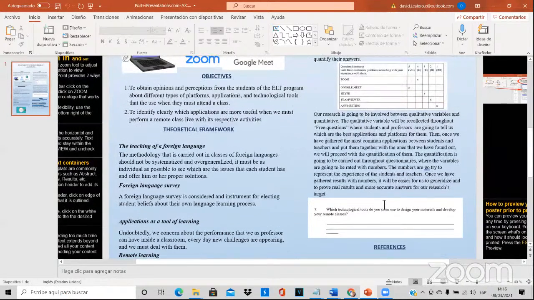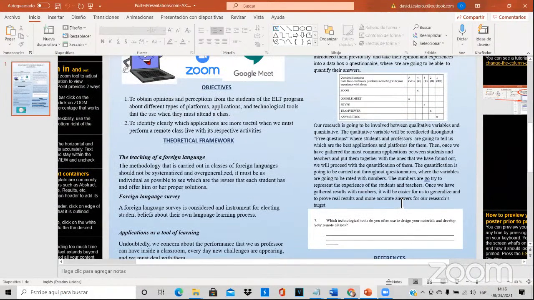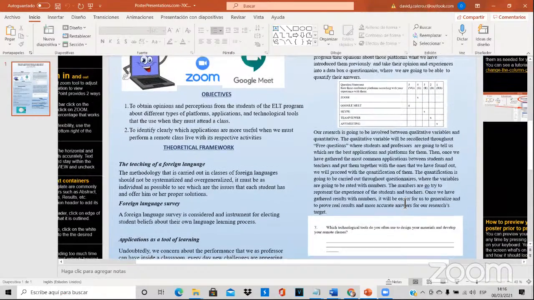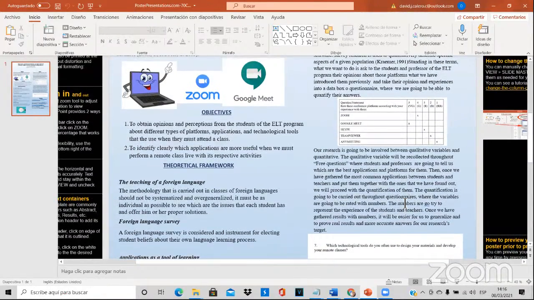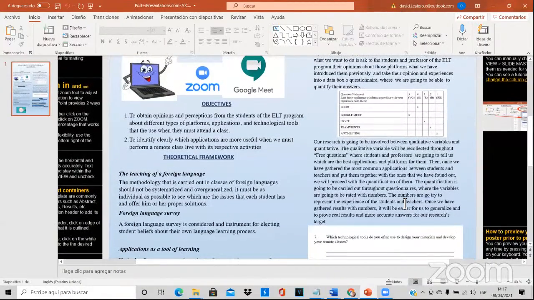And that's what we want: to collect that information and rate the applications with the students and professors of the ELT program, and have a final answer. And that's the method. And then we have the references.